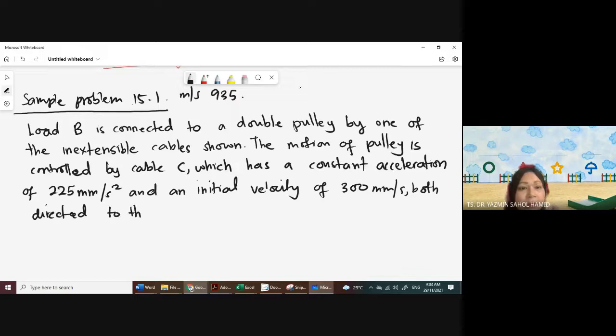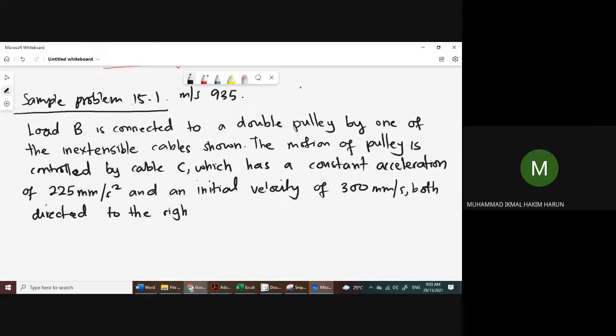Tapi maksud saya format dia macam tu. Dia akan bagi satu gambar rajah, lepas tu mungkin ada A B, lepas tu ada markah, macam tu lah. Tapi hanya soalan subjektif je lah, tak ada objektif. Faham?